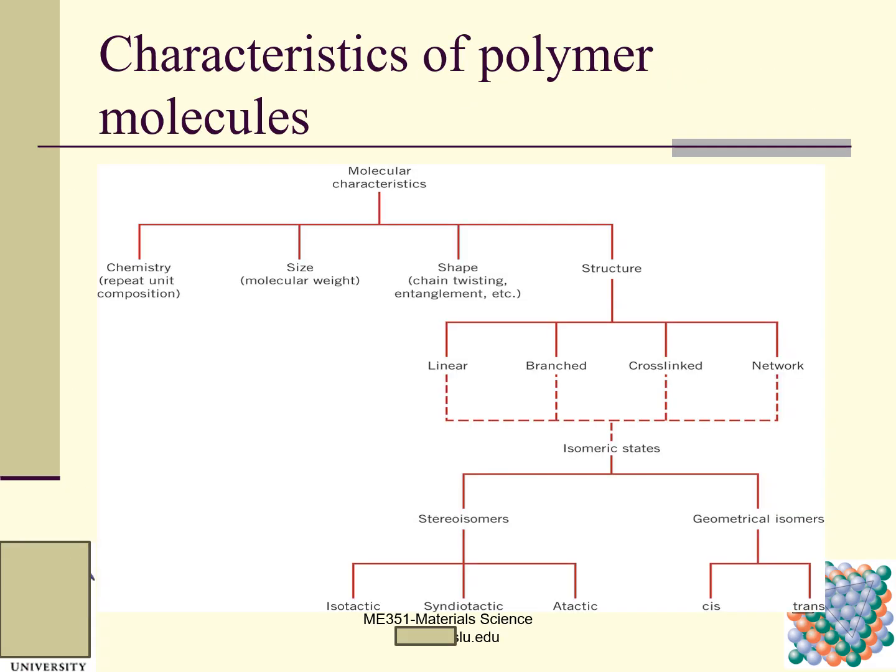Then we talk about the molecular characteristics of polymer molecules: the chemistry, repeat unit, composition, size, molecular weight, shape, chain twisting, entanglement, etc. For structure, we have linear, branched, cross-linked, and network. Then we have isomeric states, and we have stereoisomers and geometrical isomers.